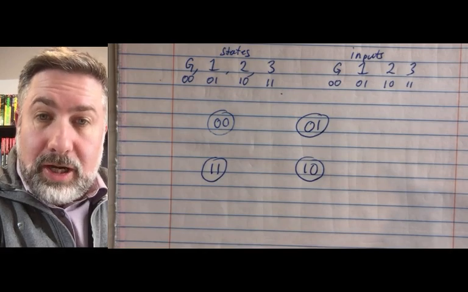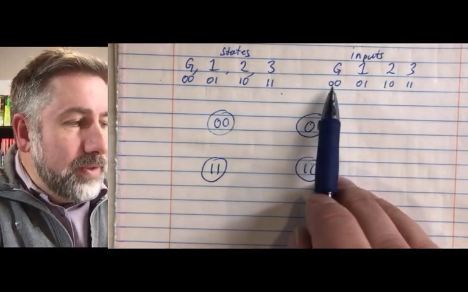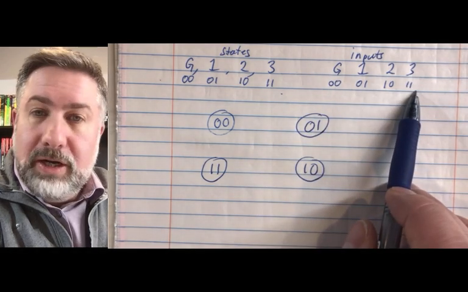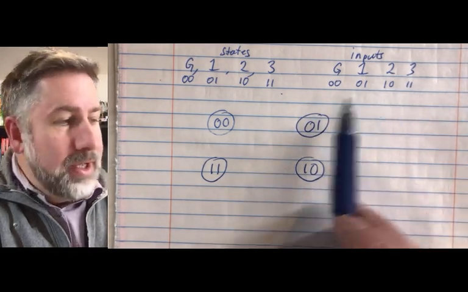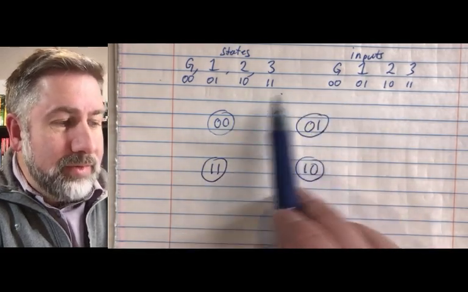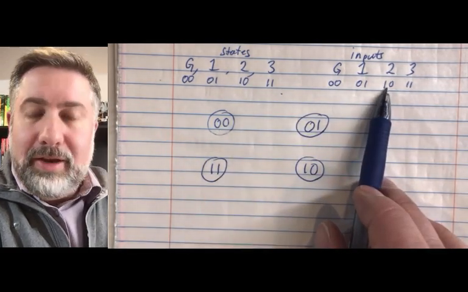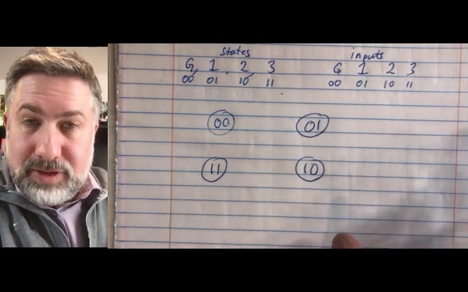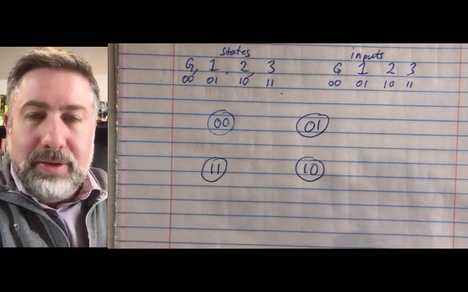And then we're going to draw out our transitions. Now, if there are 2 inputs, that means there are 4 required transitions out of every state. If I'm in state 0 and the input is 0, if I'm in state 0 and the input is 1, if I'm in state 0 and the input is 2, and if I'm in state 0 and the input is 3. Now, we're not going to have any outputs for this device. The state is the output.